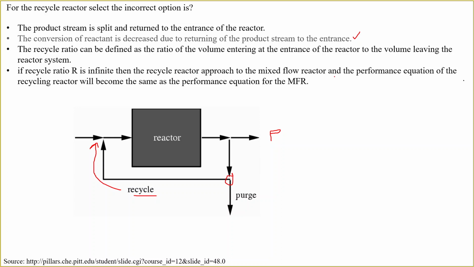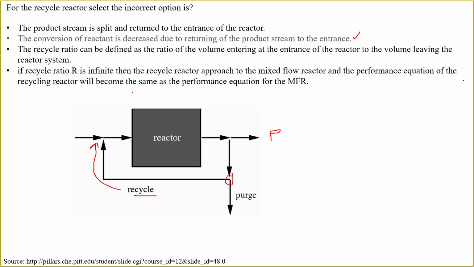Next, if the recycle ratio R is infinite, then the recycle reactor approaches the mixed flow reactor, and the performance equation of the recycle reactor will become the same as the performance equation of the MFR. What is happening here is that the recycle ratio R is becoming infinite, which means that no product is going outside.